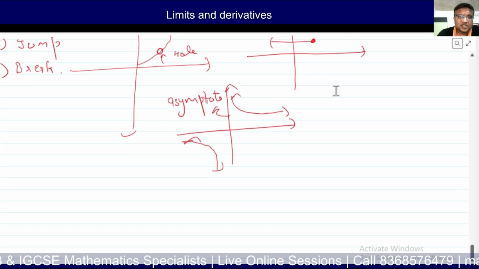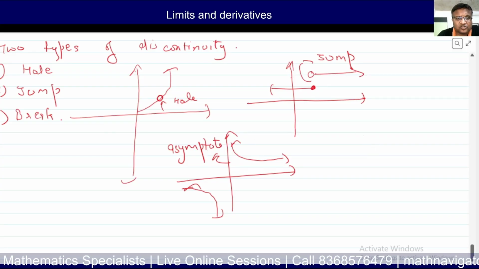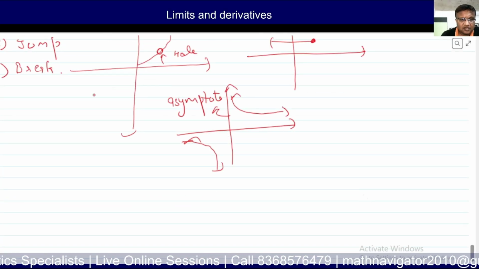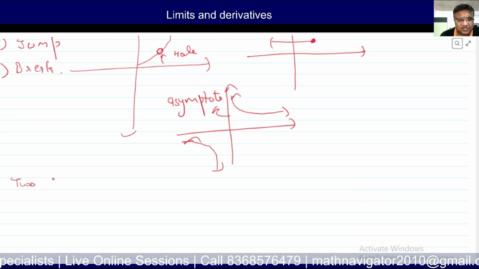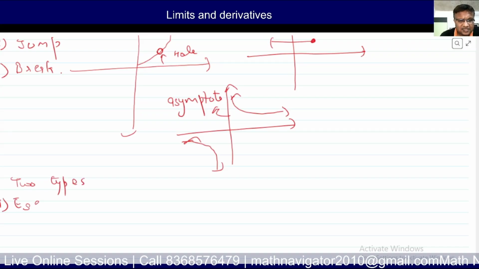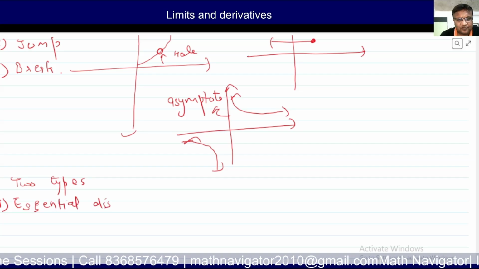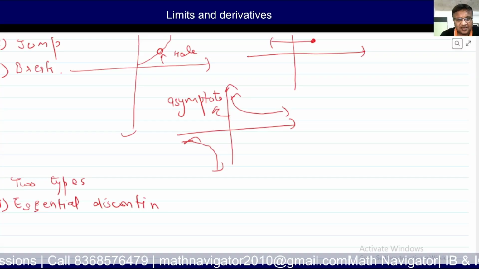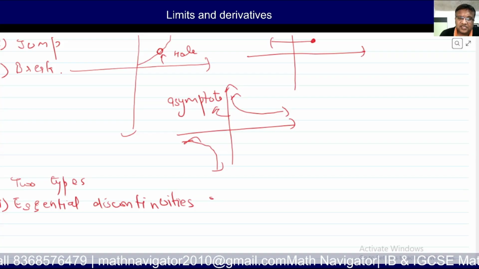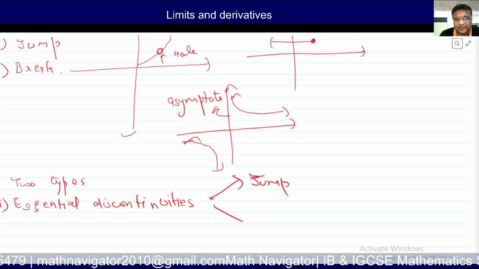So then you can classify these types of discontinuities. Two types of discontinuities are essential discontinuities. What are essential discontinuities? The jump and break.